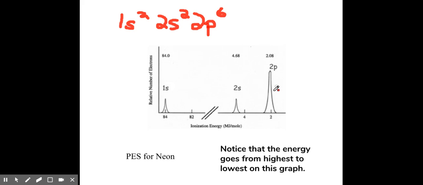You can look at the intensity here and notice that if the area under this curve represented a 2, then this area under this curve would be 3 times as much. So that would represent the 6 right there.